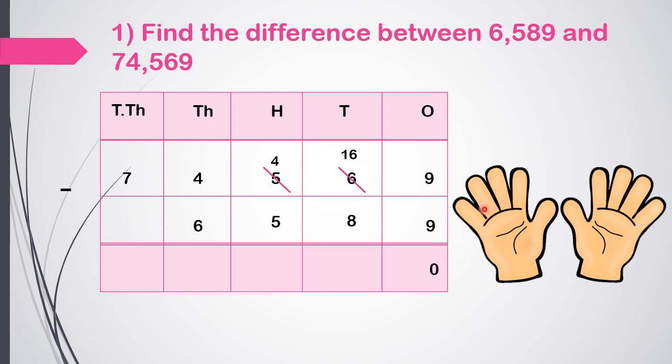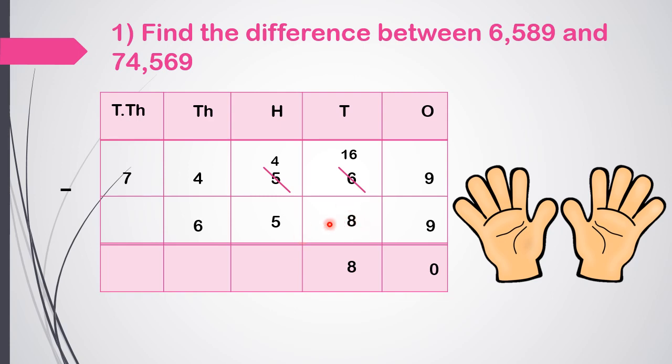What is after 8? 9, 10, 11, 12, 13, 14, 15, 16. Here we got 16. So how many fingers did we use? 1, 2, 3, 4, 5, 6, 7, 8. So the answer is 8.